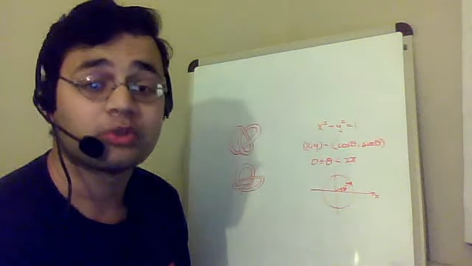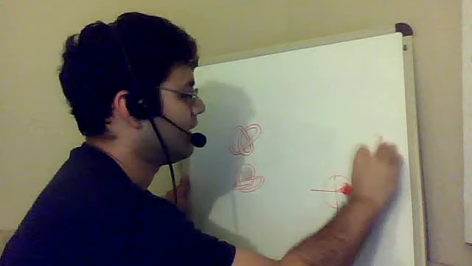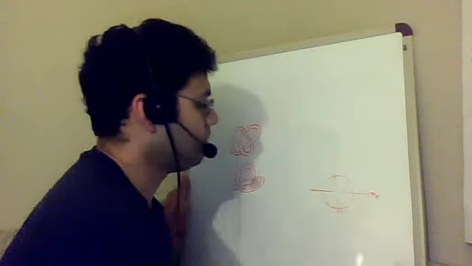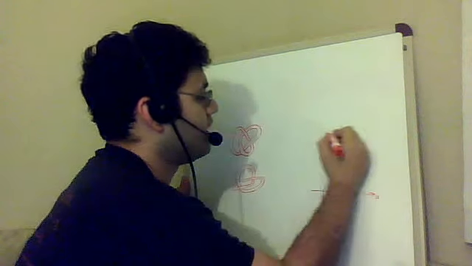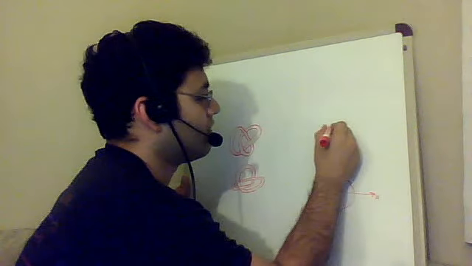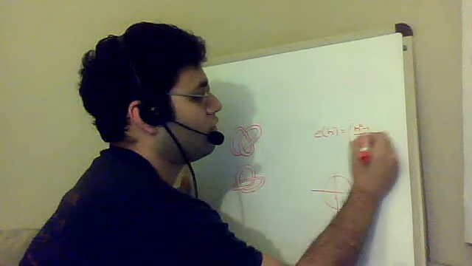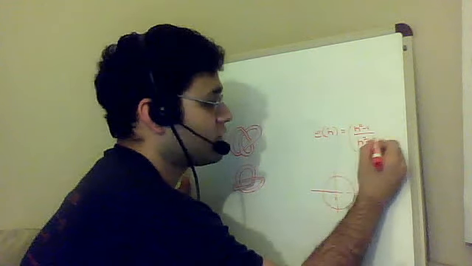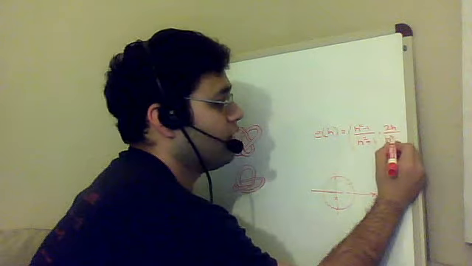Now let us talk about a third way of representing a circle. The third way is to write the equation E of h is equal to (h squared minus 1 over h squared plus 1, comma, 2h over h squared plus 1).